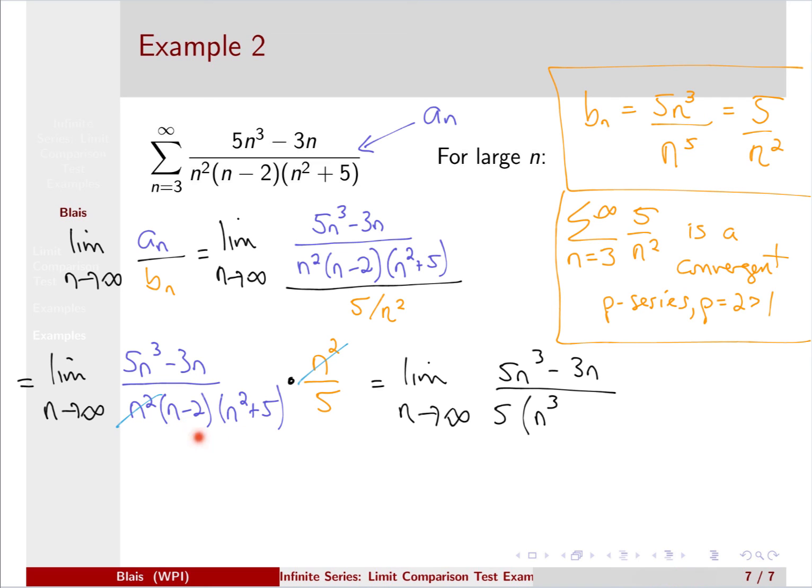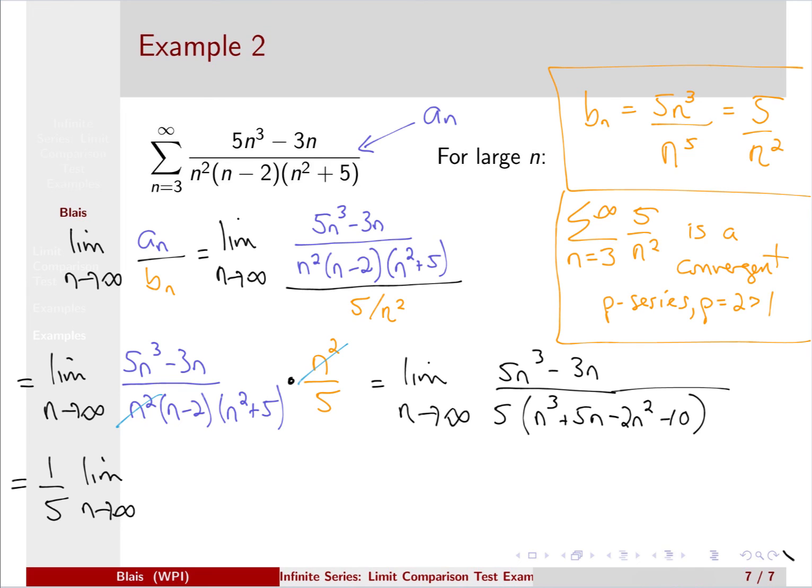For the outer terms, we get 5n. For the inner terms, we have a minus 2n squared. And for the last terms, we have a negative 10. We can factor out that 5 in the denominator to make things a little nicer.